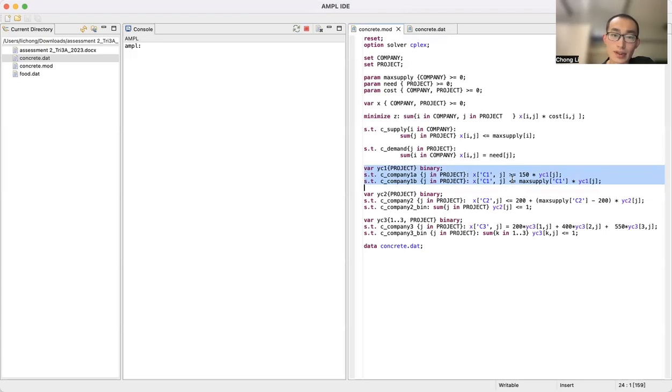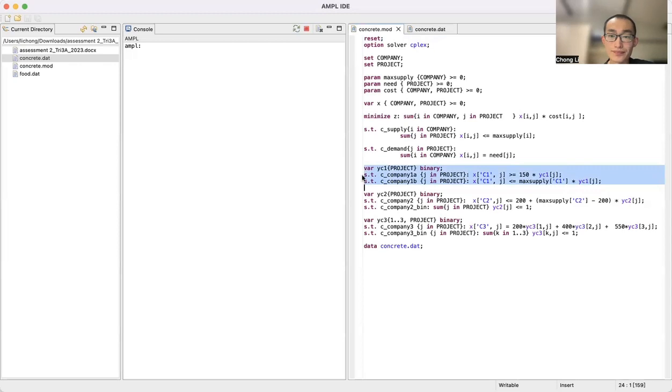If company one is supplying its concrete to the project j, then Y C1 j is one. If it does not supply concrete to the project j, then Y C1 j equals 0. So it is a binary variable.